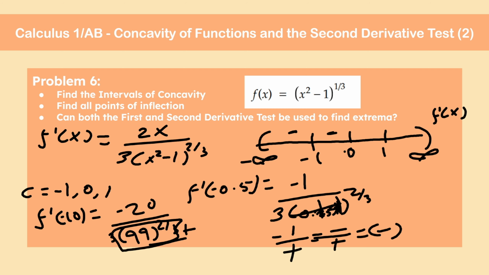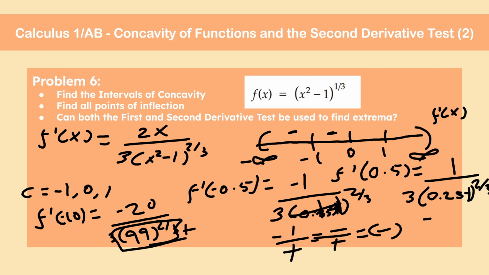So now we are going to test from 0 to 1. So now let's try f prime of 0.5. That's going to be equal to 1 over 3, 0.5 squared, which would be 0.25, minus 1. That's going to be negative, but since you're raising it to the power of 2, it's going to become positive. So this is just positive over positive, which means that this is positive. And now let's test from 1 to infinity.